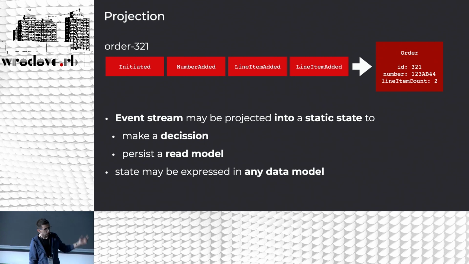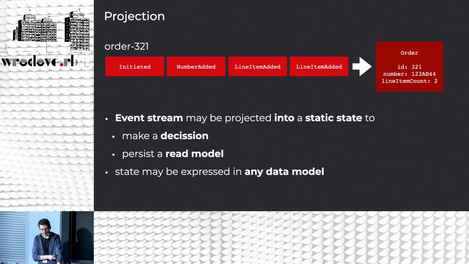So you can take all your orders, project every one, and put in a relational database, let's say. Therefore, you create something called a read model. So it's a model of data that you just read from. For example, you can present it on your website as a list of orders or a single order.